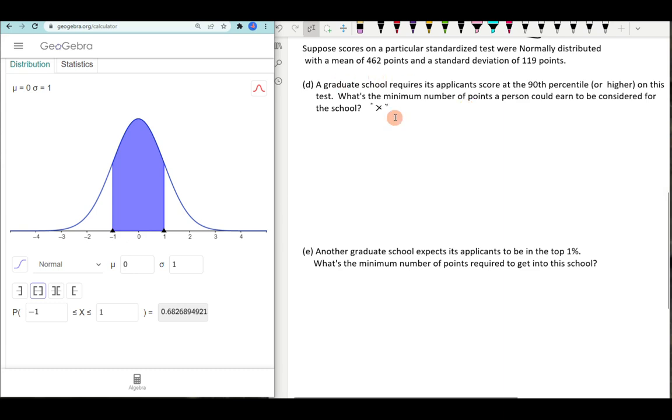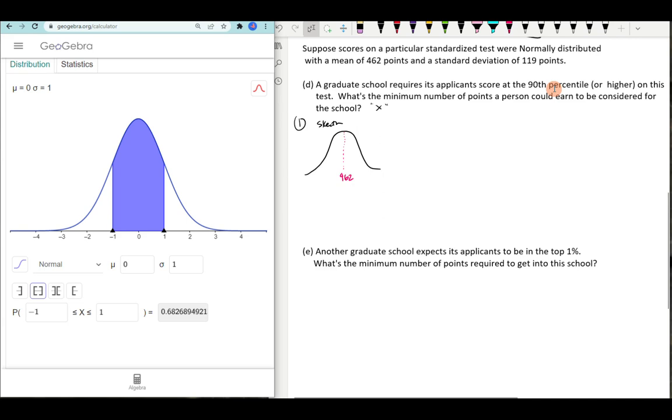So whenever we start these questions, the first step is still to try and sketch my situation. So I'm going to draw my normal distribution. I'm going to draw my mean, which will happen at the peak of the normal distribution. That's 462. We can sketch in the standard deviation, but I'm happy with just having a general idea of what's going on. We're interested in particular looking at the 90th percentile.